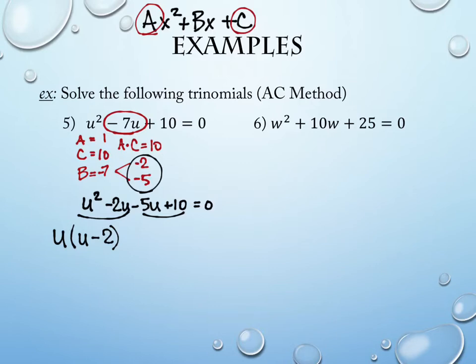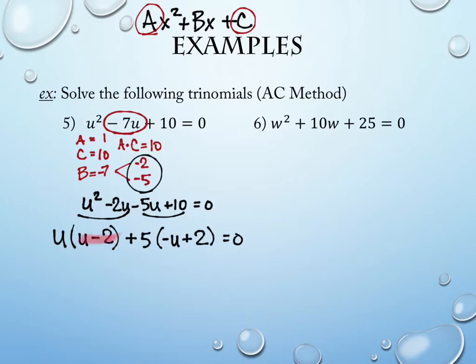What do they have in common? -5. Yeah, either a negative or a positive 5. Let me show you what happens if I write positive 5. And then we'll change it because we really do want it to be a negative 5. If I write a positive 5, then this stays negative u and it stays positive 2. Right? Okay.